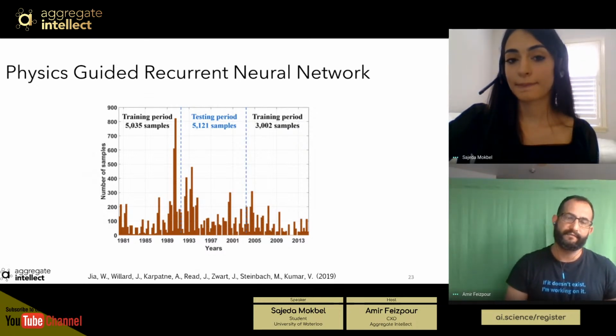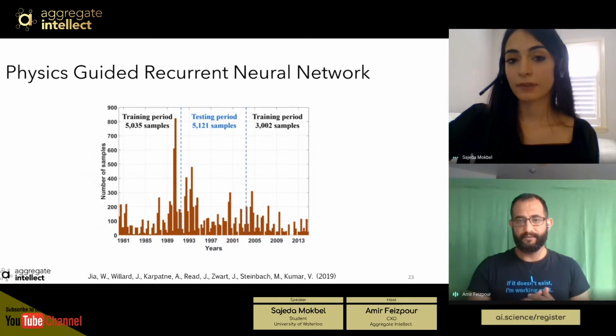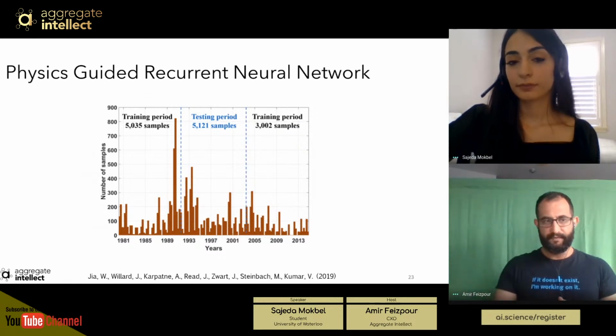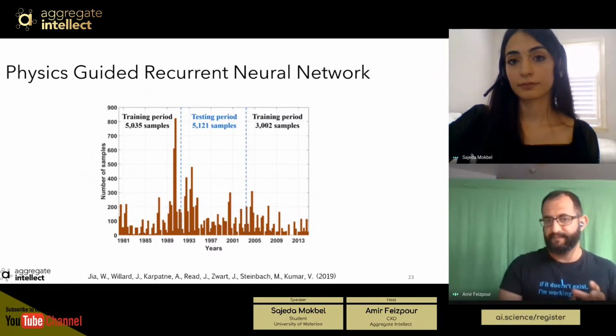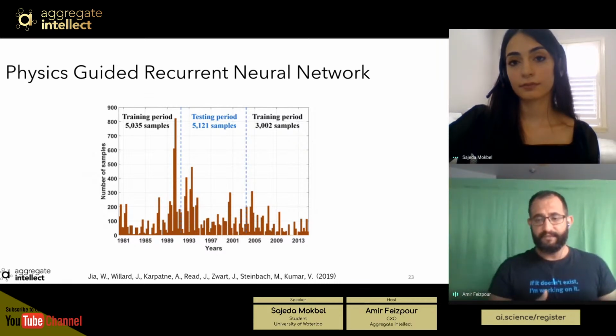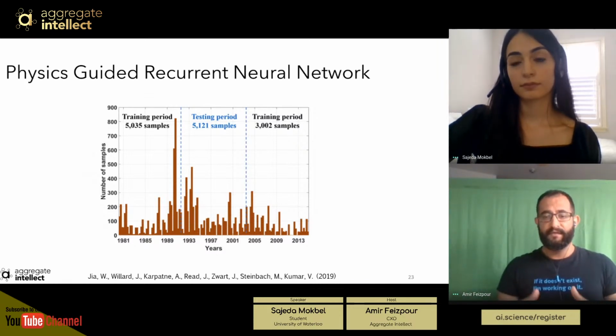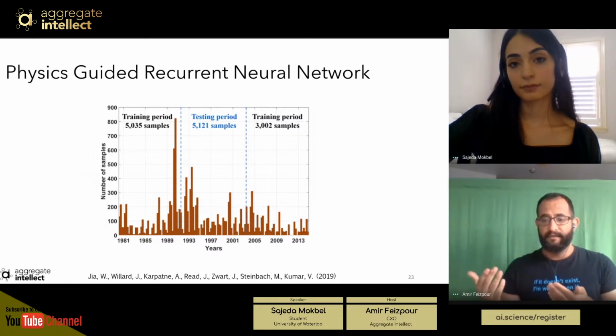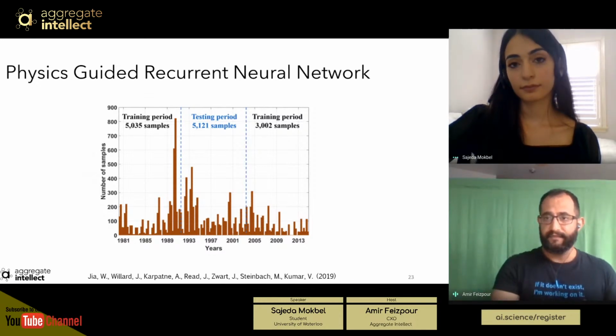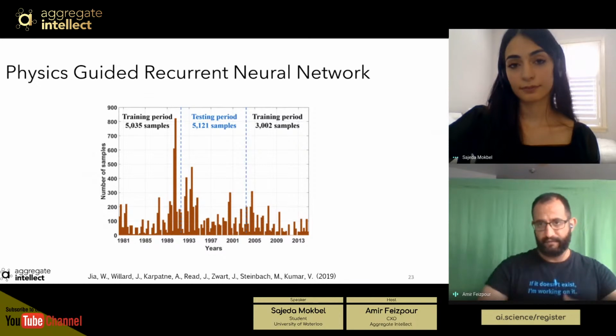That makes sense, but there is also another problem with deep learning in general and LSTMs specifically, which is that they are usually considered black box models. For physics, especially if you're talking about scientific discovery, and one of the motivations of the paper is that if we are relying on machine learning to help us with scientific discovery, we should make sure that it doesn't tell us anything that is garbage and non-physical.